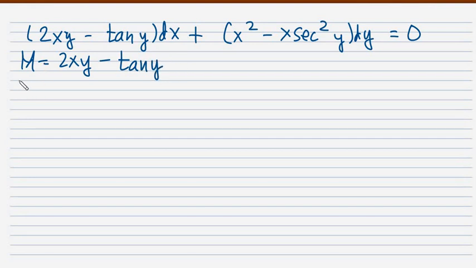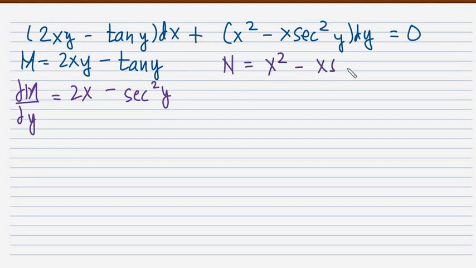So we will get the partial derivative of m with respect to y. x is constant, so 2x is constant, the derivative of y is 1, then minus the derivative of tangent y, which is secant squared y. And then n is equal to x squared minus x secant squared y.